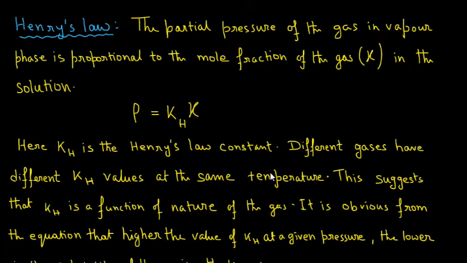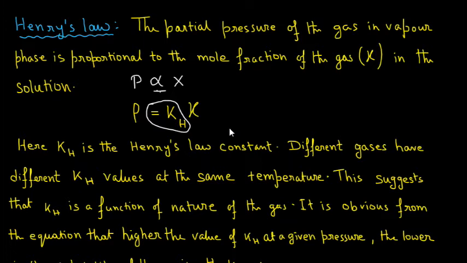Basically, according to the law, P is directly proportional to the mole fraction X. So we remove the proportionality, and instead we write is equal to with a proportionality constant. That proportionality constant is KH, known as Henry's law constant. So mathematically the equation is this.